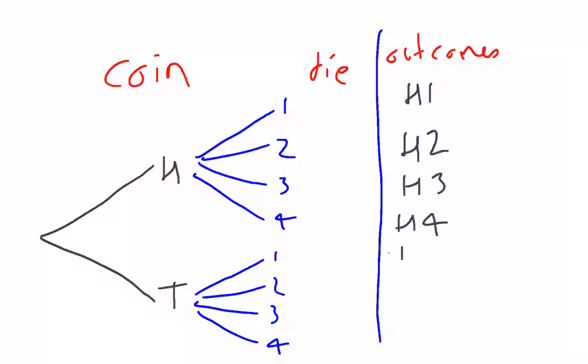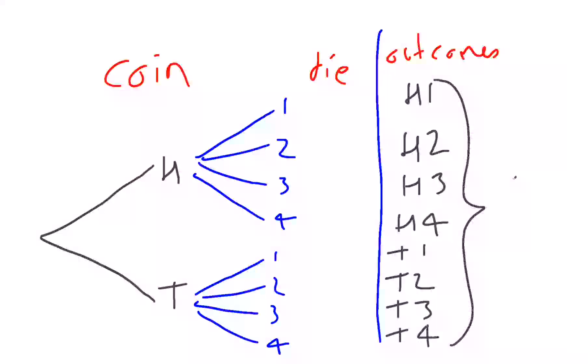Or I could get tails and 1, tails and 2, tails and 3, tails and 4. That's the sample space. So when we go to answer the question, let's go back up.